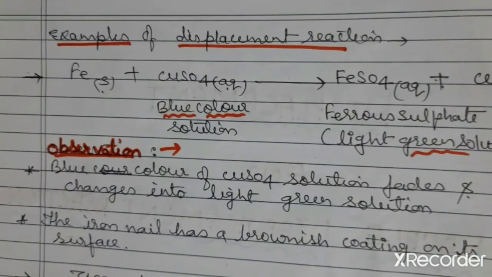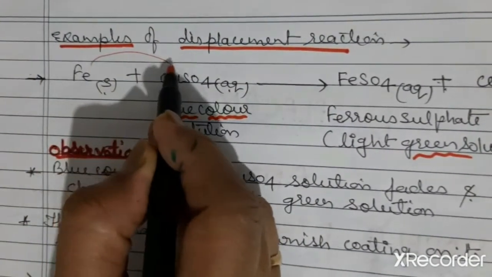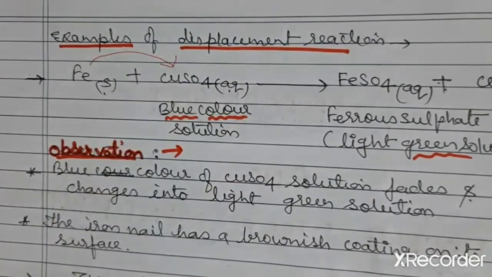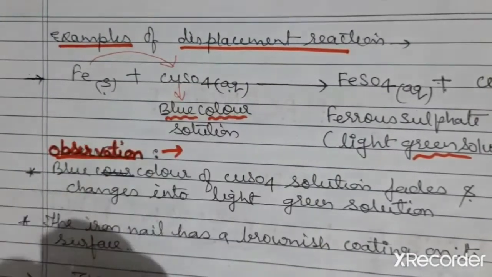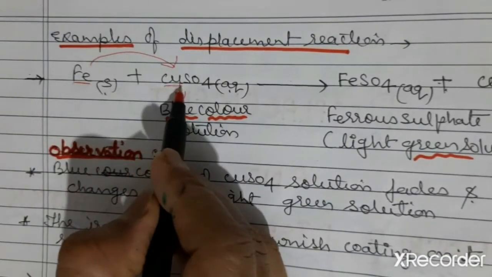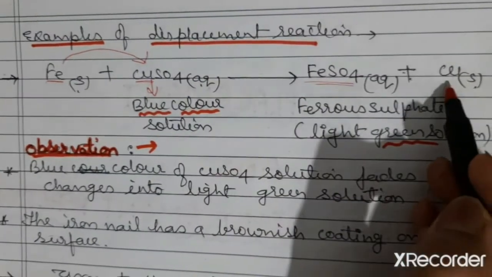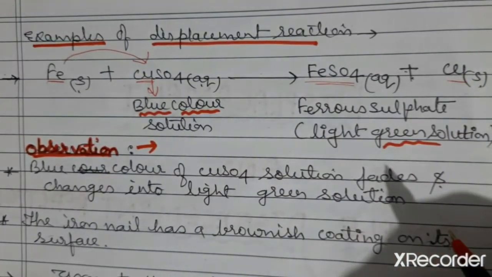When you see the reaction here, the iron is displacing copper and now copper is free. So here this iron is taking the place of copper and forming ferrous sulfate, FeSO4, and here copper is free.